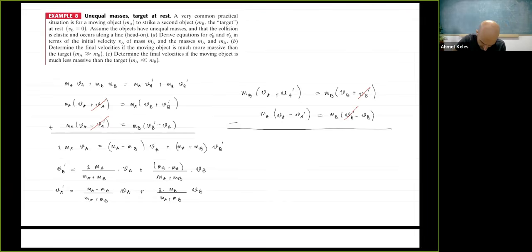On this side I will have MB times 2VB, and on this side I have (MA plus MB) times VA, so MA VA and plus (MB minus MA) VA prime, and I'm trying to solve it for VA prime.